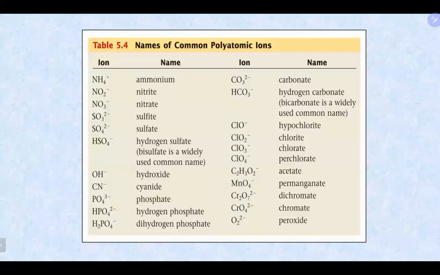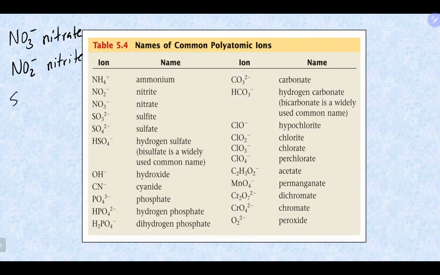For example, NO3- is nitrate. NO2- is nitrite. SO4 2- is sulfate, ATE, and SO3 2- is sulfite.